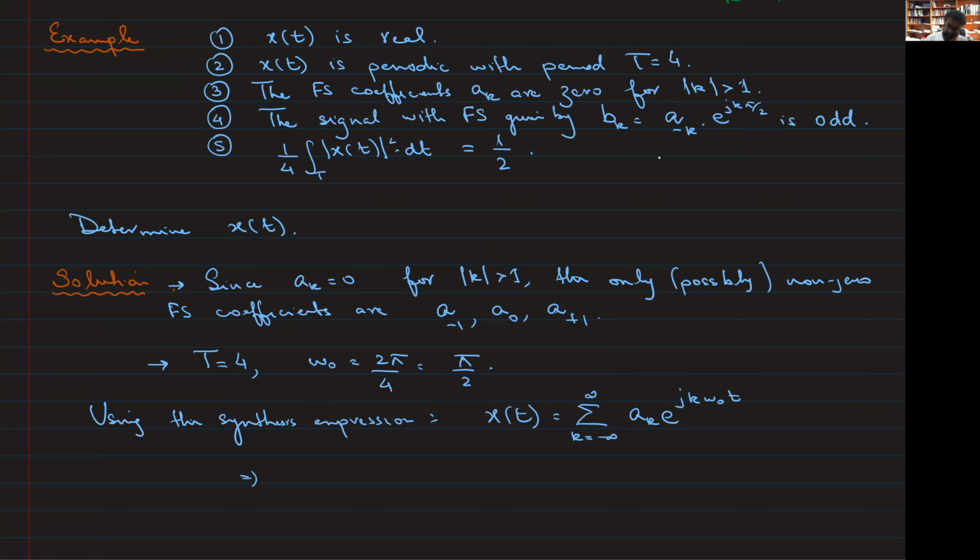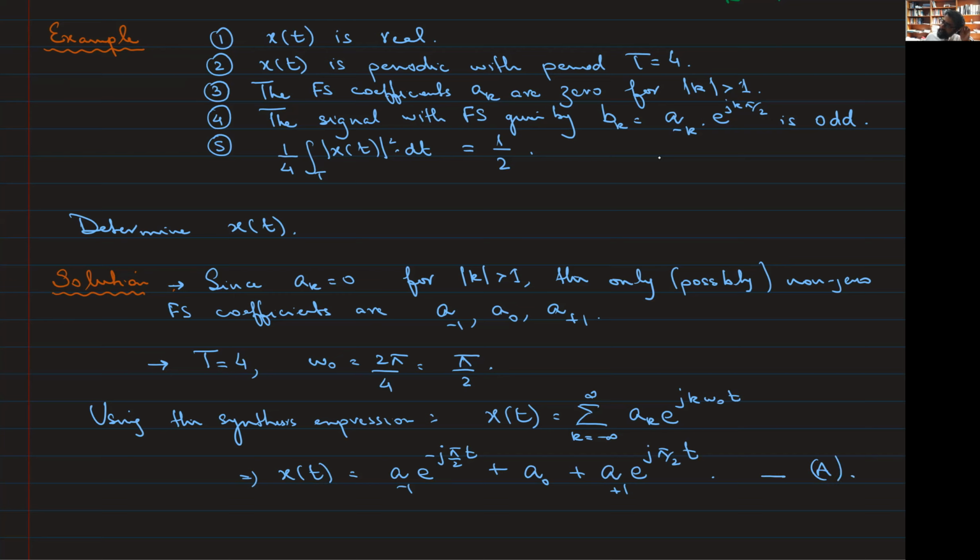And this implies that x of t is equal to a minus 1 e raised to power minus j omega naught t, where omega naught is pi by 2, plus a naught times e raised to power omega naught times 0, that's just equal to 1, plus a plus 1 e raised to power j pi by 2 t, right? So this time domain signal looks of this form. This is equation number, let's say A.